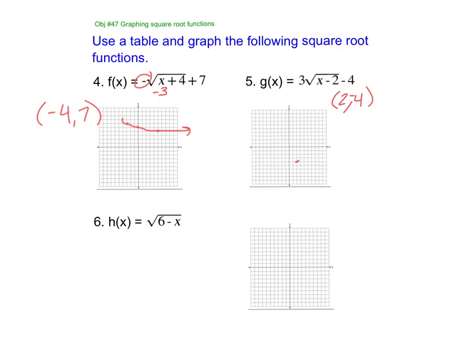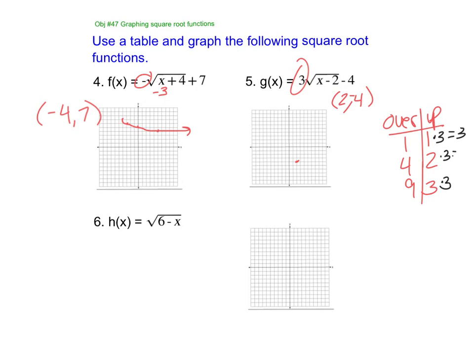All right, so now, what do we do when there was a number in front? Over, up: 1, 1, 4, 2, 9, 3. Who remembers what we did? That multiplies the up. The y value is increasing. So we're going to multiply each of these by 3. 1 times 3 is 3. 6, 9.